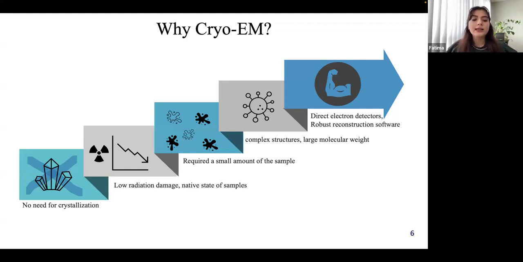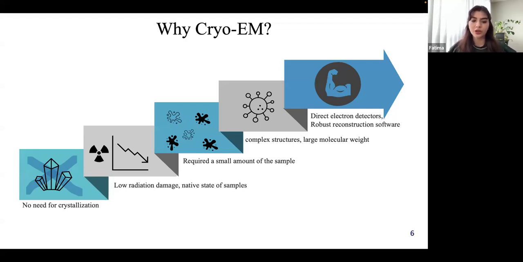Second of all, it has low radiation damage. As we use this method at low temperature, ice acts as a protective layer for our sample and somehow lowers the radiation damage to our sample. And also we can capture our molecule's structure in the native state, which is very important when we want to study its function.